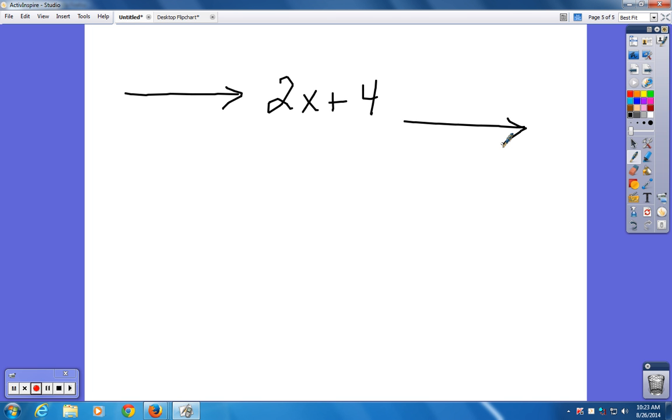There's our function, 2x plus 4. Now I didn't put the y's in front of it because I don't want you to confuse the y as the function. This is the actual function. That's your hay baler, that's your bicycle, that's your ice machine. Now what are your values that go into it? X.